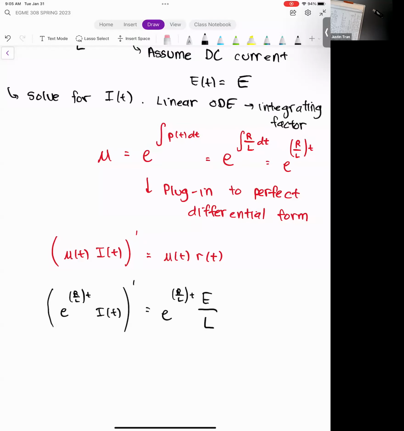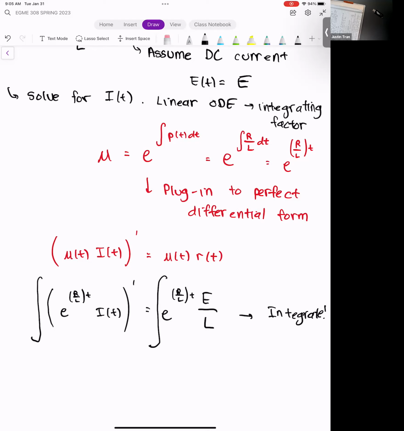So now that we're at this point, we can simply integrate because we have the perfect differential. Once again, we have the integral and the perfect differential on the left-hand side.